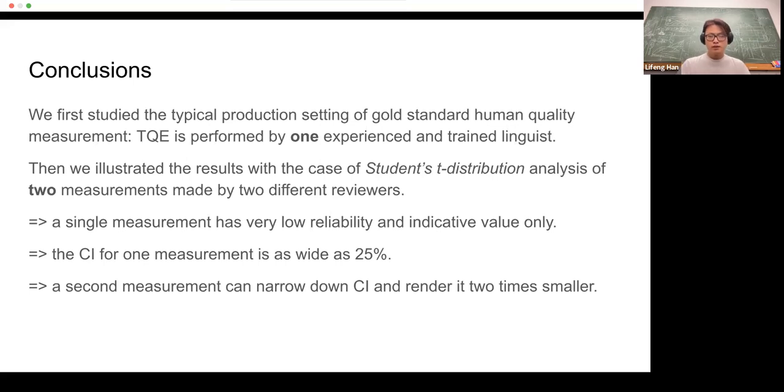A single measurement has very low reliability and indicative value only. The confidence interval of one measurement is as wide as 25%. However, a second measurement can narrow down the confidence interval and render it 2 times smaller.